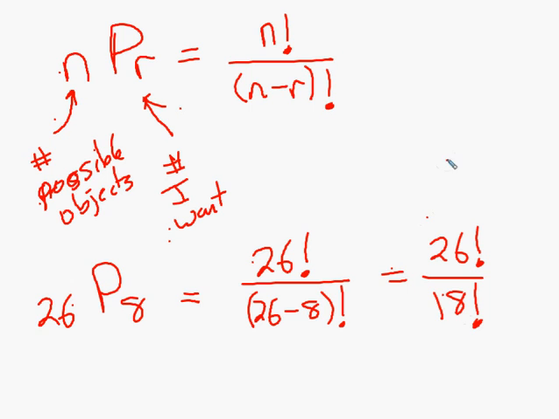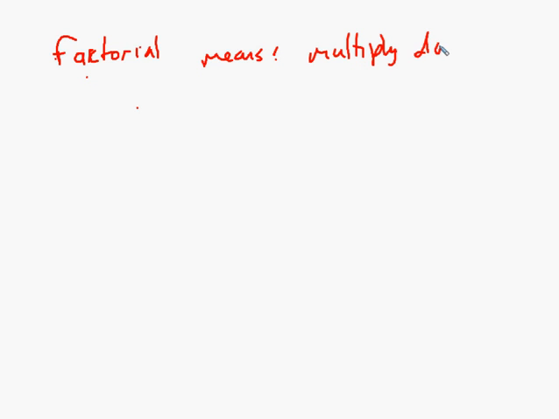But what does this mean? Well, I know what you would end up doing. That would be 26 and 25 and 24 all the way down to 1. Right, so that's correct. So factorial means multiply down to 1.